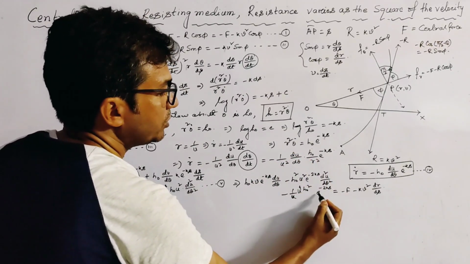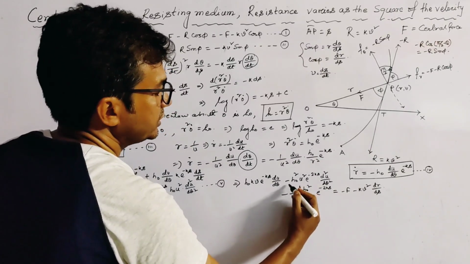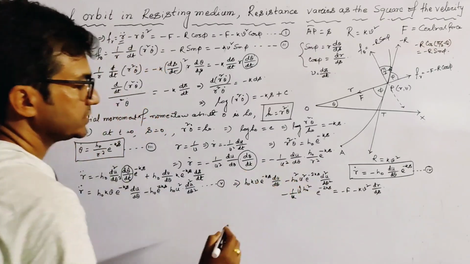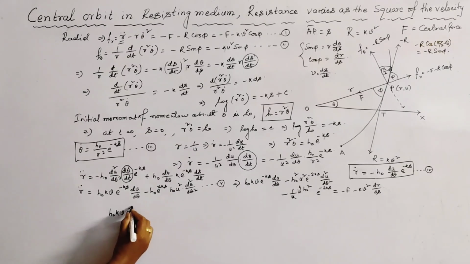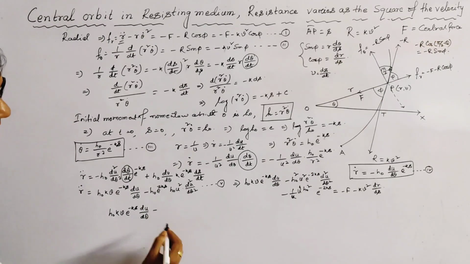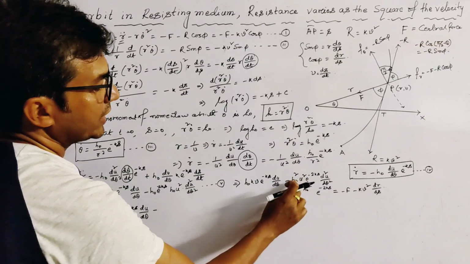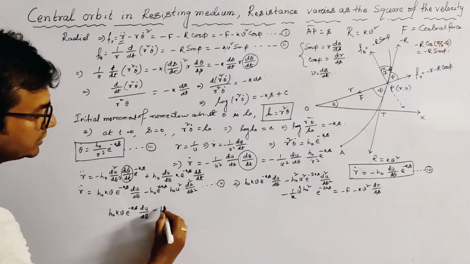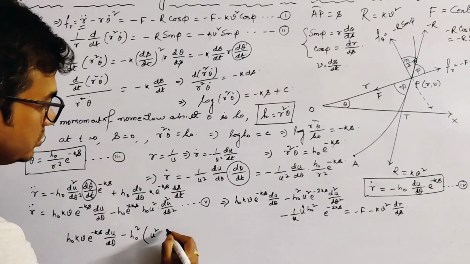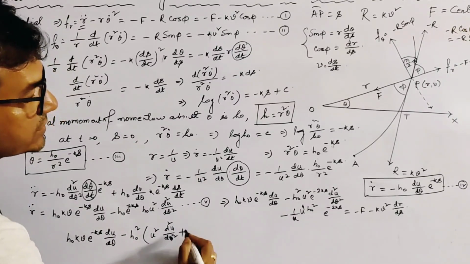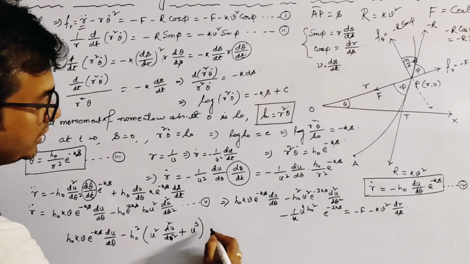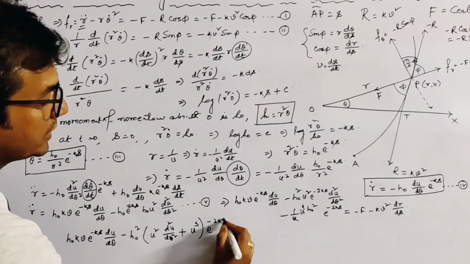Here we take common e to the power minus 2ks from these two relations, and the first term becomes h0 k v into e to the power minus ks into du d theta minus, here it is h0 square and here also h0 square, so we take common h0 square into d2u by d theta 2 plus u, into e to the power minus 2ks.